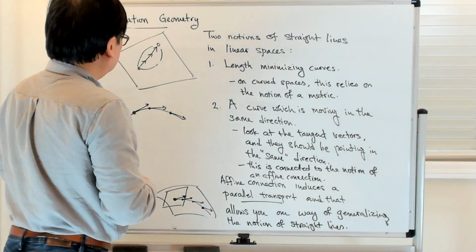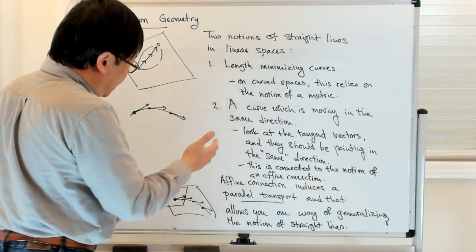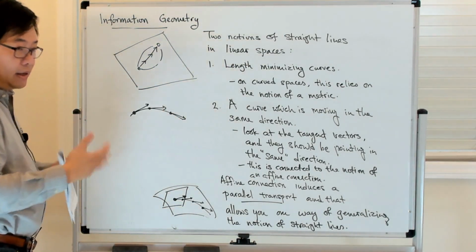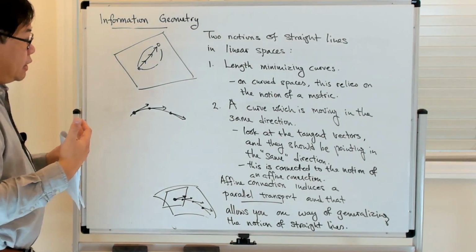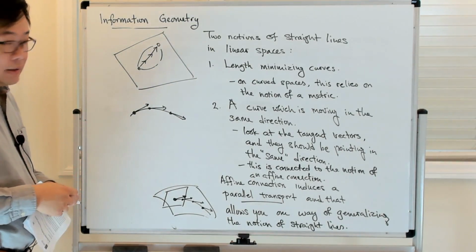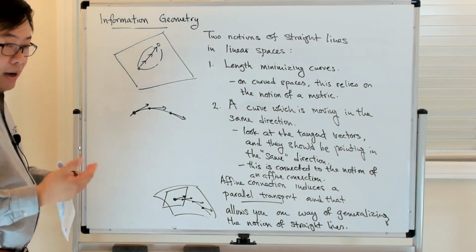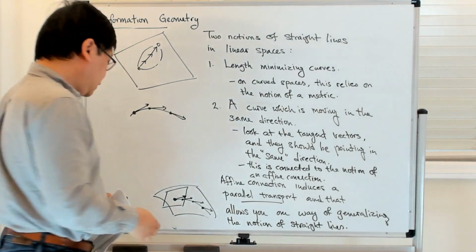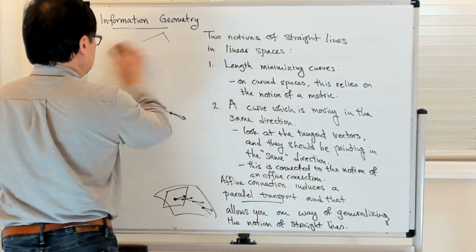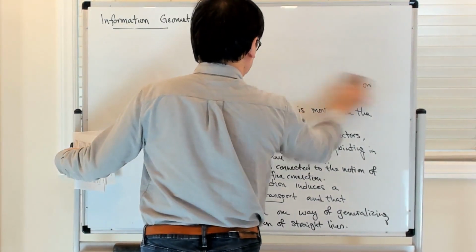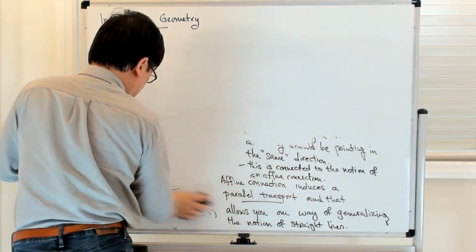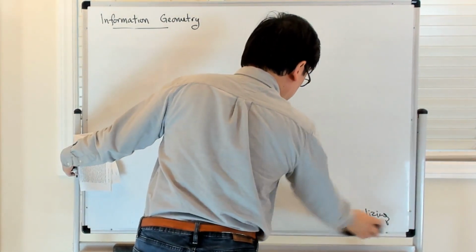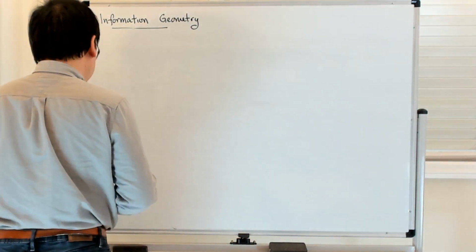Okay, so what's going to happen basically is that in addition to all these standard objects which show up in a fairly standard class on differential geometry and Riemannian geometry, we're also going to talk a little bit about what are called divergence functions. So I'm again just going to very briefly talk about it.